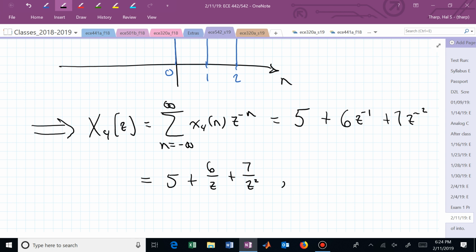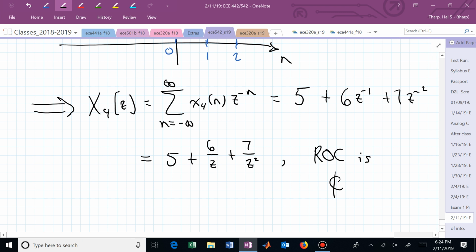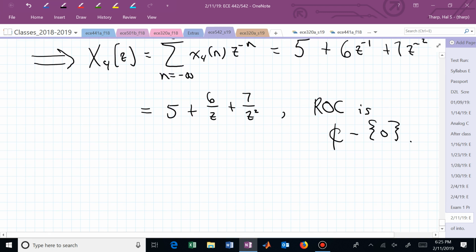Is it well behaved when z equals 0? We can't divide by 0 and have anything nice happen, can we? So the region of convergence here is the complex plane, the z-plane, minus the origin. It's the entire z-plane except z equal to 0. That's what I'm trying to say by C minus 0. That's the region of convergence for that finite sequence.